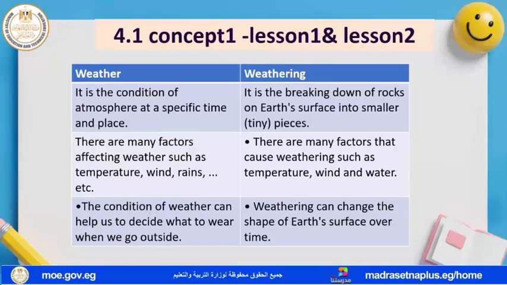At the last point, the condition of weather can help us deduce what to wear when we go outside. But weathering can change the shape of Earth's surface over time. So this is the important comparison between weather and weathering.